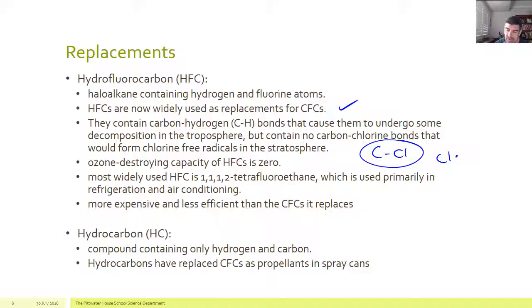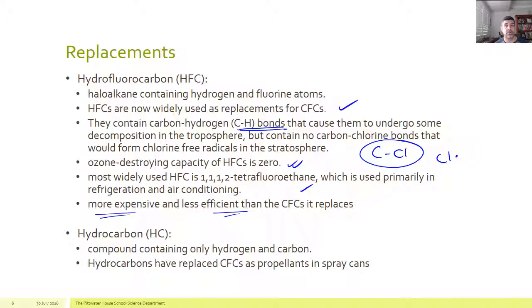So these are the ones that were widely used as replacements of CFCs. A lot of these carbon-hydrogen bonds are present in these molecules, so there's a little bit of decomposition in the troposphere, but no issues with chlorine free radicals in the stratosphere. So this reduced the ozone-destroying capacity down, so it got the ticks. It was good. The only disadvantage was it's more expensive and less efficient.